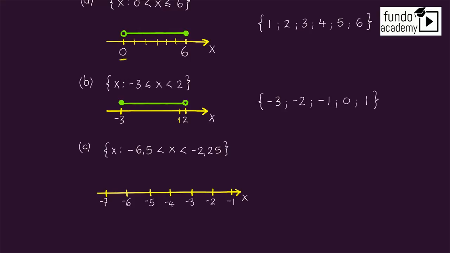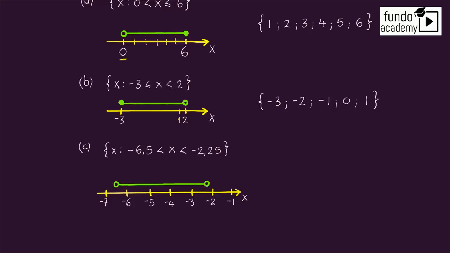Okay, so this is negative 6.5, which is between negative 6 and negative 7, and this is negative 2.25, as you can see here. So the graph will come out like this. So you can see the positions of negative 6.5 and negative 2.25.